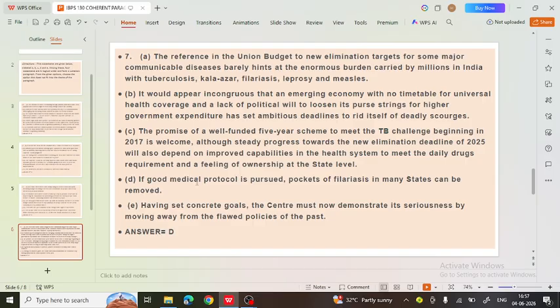If good medical protocol is pursued, pockets of filariasis in many states can be removed. Having set concrete goals, the state must now demonstrate its seriousness by moving away from the flawed policies of the past. Flawed policies means faulty or full of mistakes, such policies of the past.